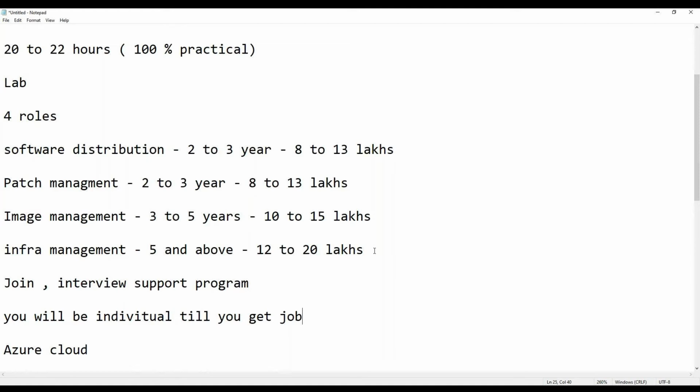All those things will be trained only for SCCM. This should help you even get a job. So this is from the time you get the training till the time you get the job, but this is an additional pay.